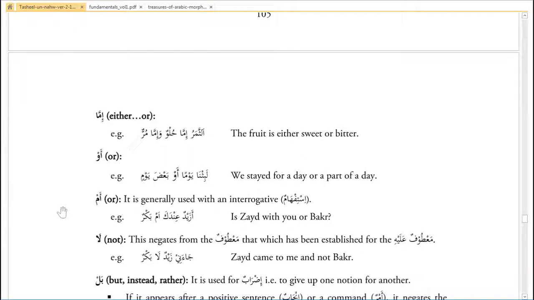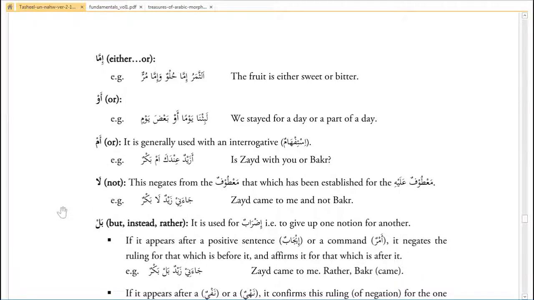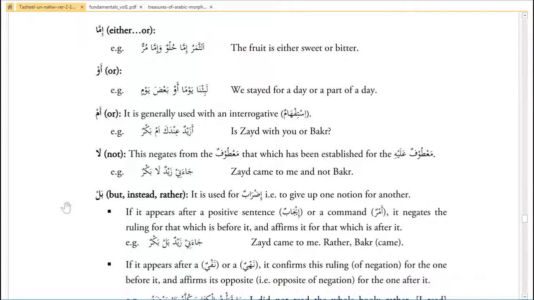And another one is la. La is also harf ataf, which means no. So, for example, جاءني زيد لا بكر.